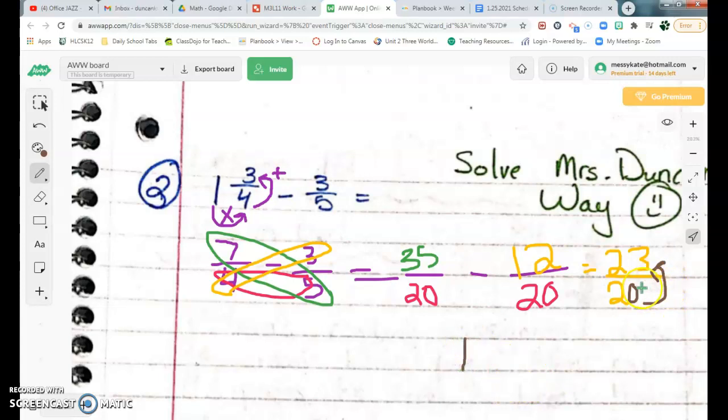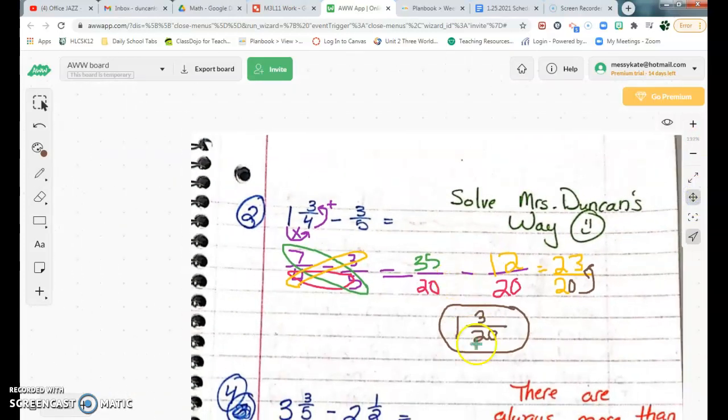And then there's going to be 3 left over because one group of 20 is 20. 20 to 23 is a difference of 3. So my overall answer is going to be 1 3/20. Now I cannot reduce that because 3 and 20 do not share any common factors. All right, that is my subtraction of a mixed fraction from a mixed number.